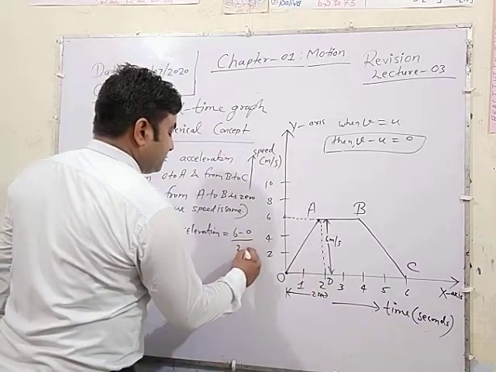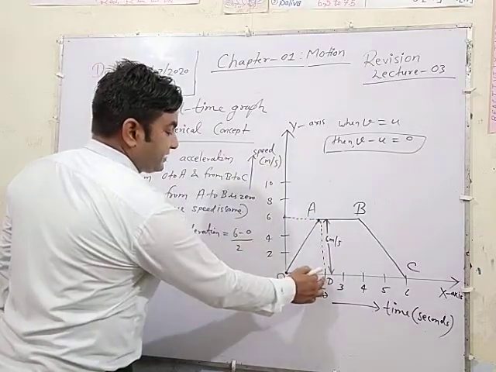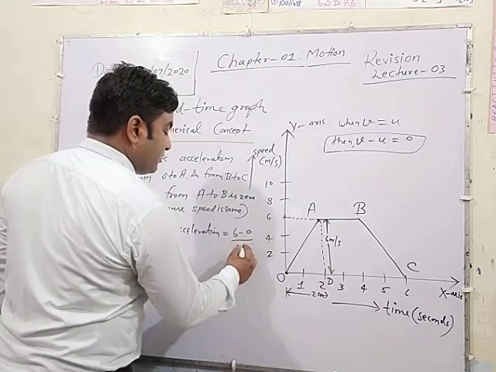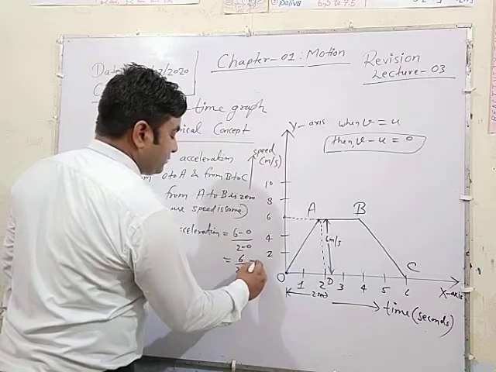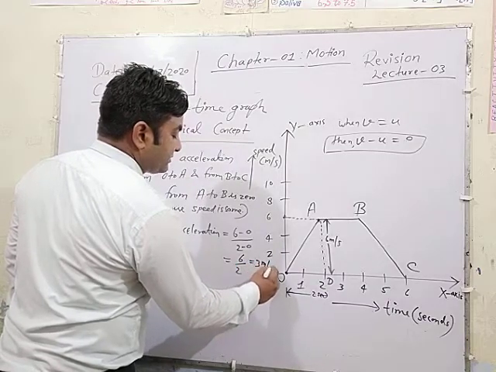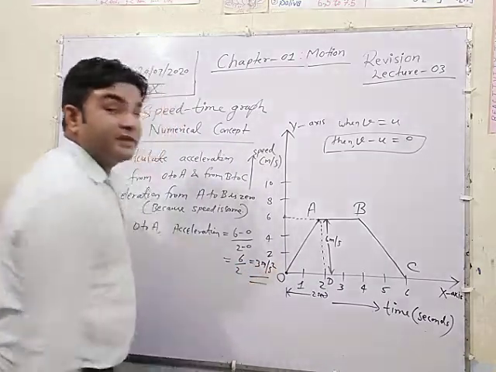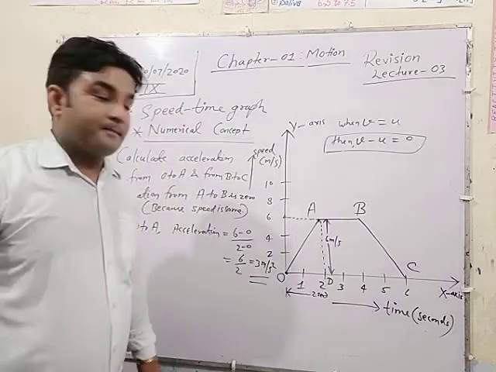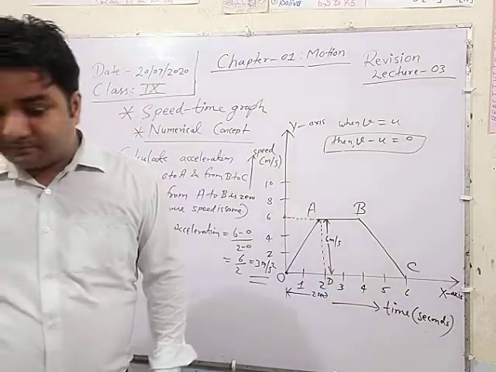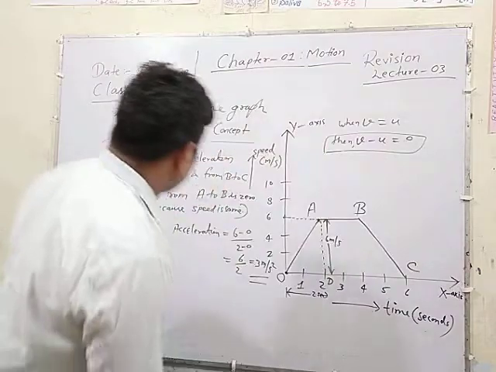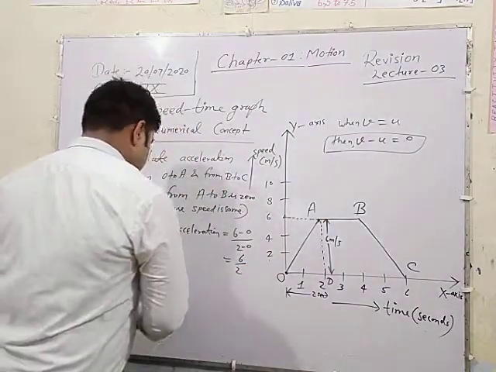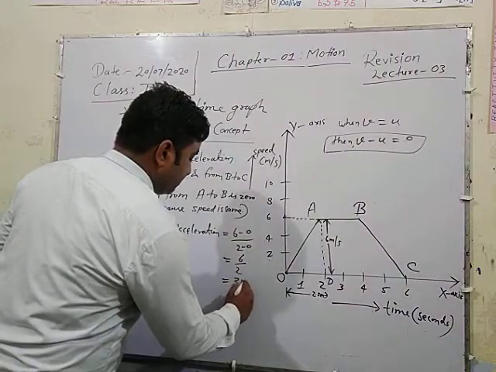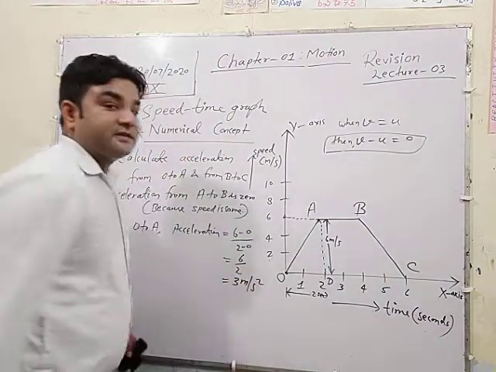The time here is 2, and at this point the time is 0. So 2 minus 0, only 2. So 6 upon 2 is equal to 3 meter per second square. This is the acceleration of a moving body. 6 upon 2 equals what? 3 meter per second square.